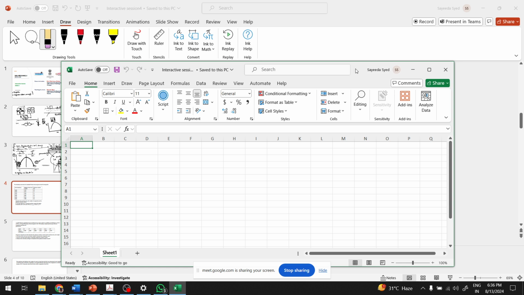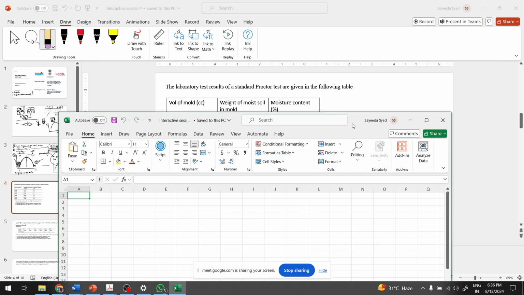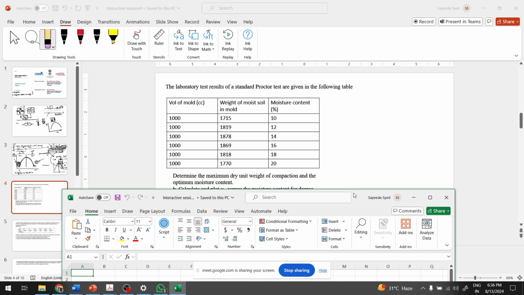Okay, so let's first copy this table to this file.